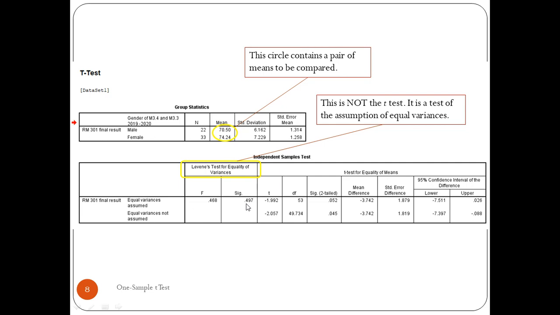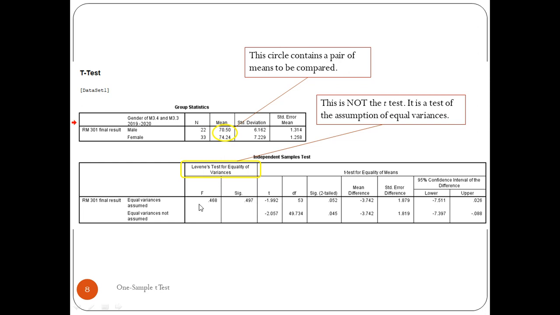In other words, the p-value is greater than 5%, or 0.05. So when the p-value for the Levene test is greater than 5%, we conclude that the variances of the two groups are assumed to be equal. In other words, they are not statistically different.